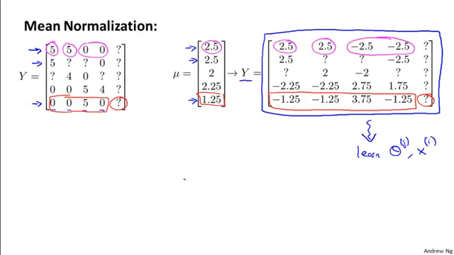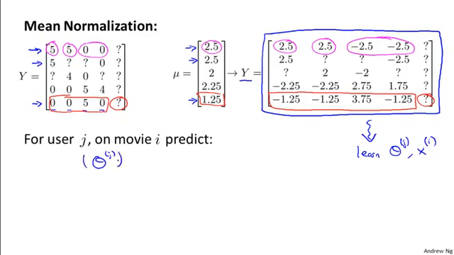When I want to make predictions of movie ratings, for a user j on movie i, I'm going to predict theta j transpose x i, where x and theta are the parameters I've learned from this mean normalized data set.